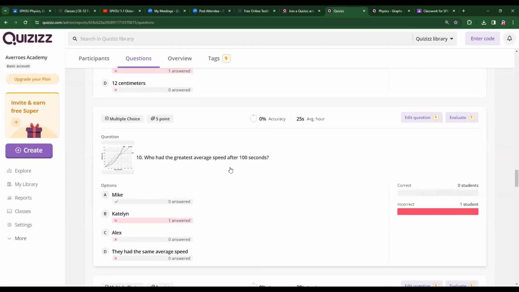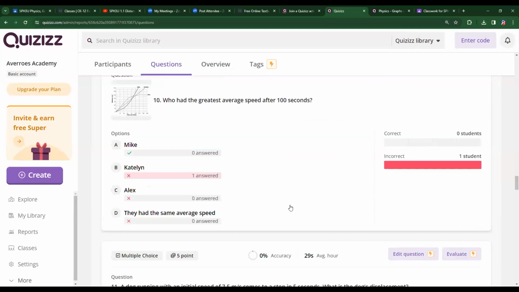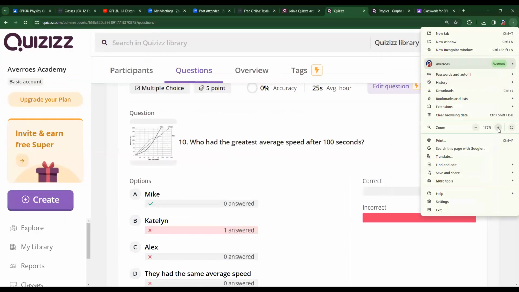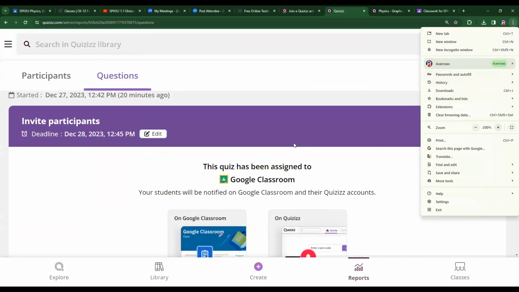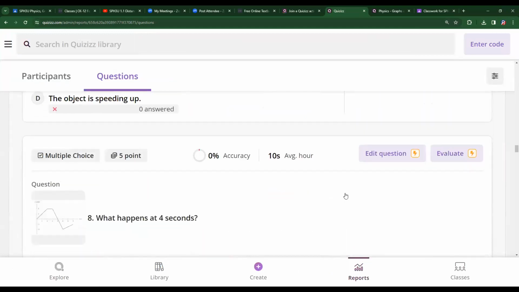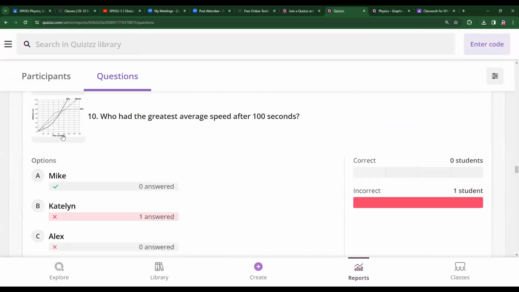Who has the greatest average speed after 100 seconds? Picture is so small. After 100 seconds, it's okay here. So you had Alex, Mike, and Caitlin.